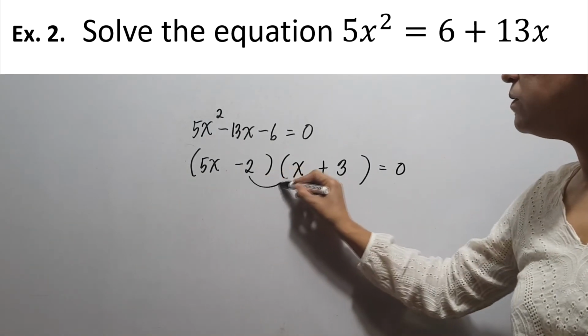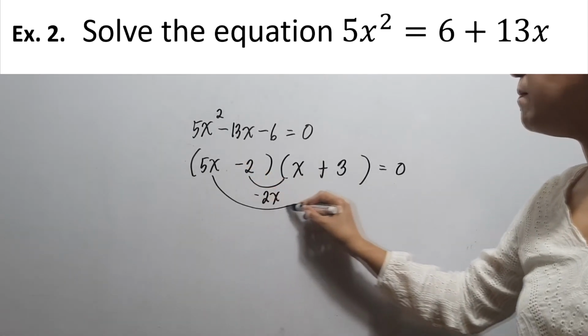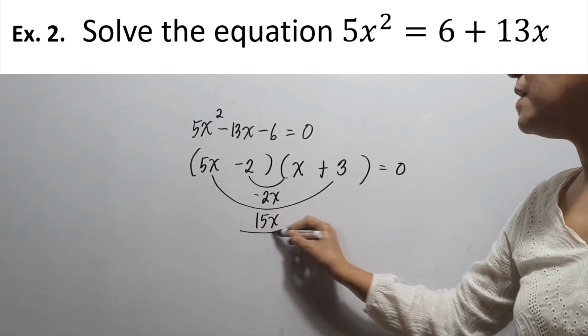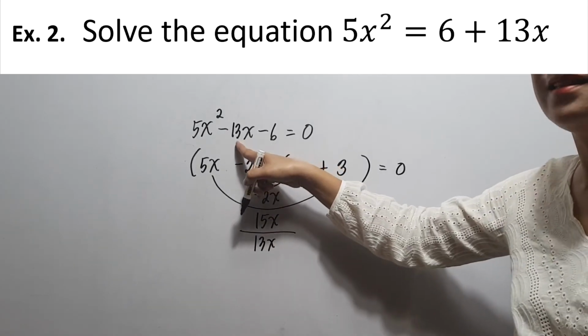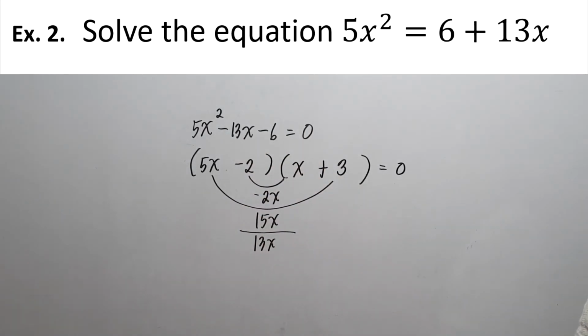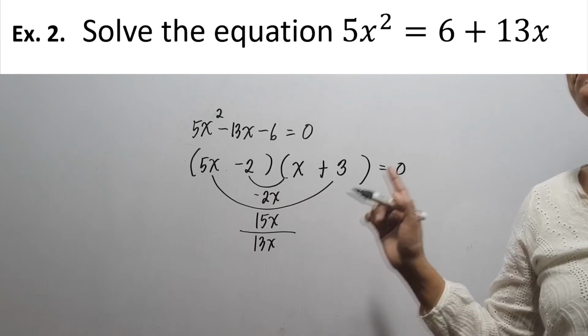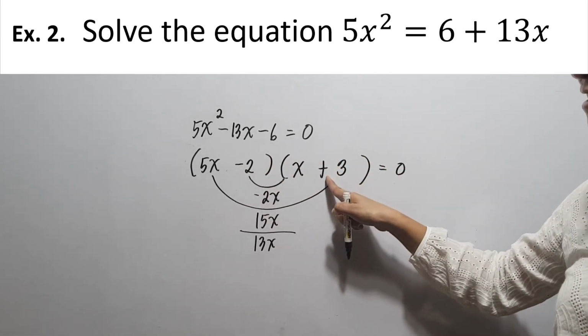So, negative 2 times x is negative 2x. 5x times 3 is positive 15x. Pag pinag-plus natin is 13x. It is not negative 13x. So, may mali, no? Ayan. Oo, tama. Pwede natin pagpalitin lang ng sign. No?